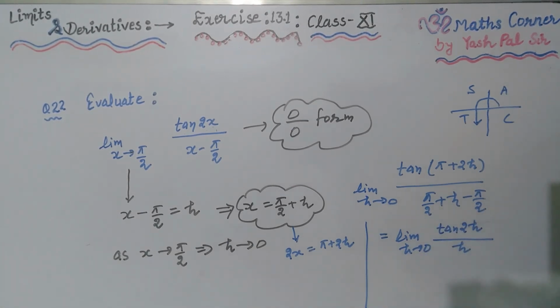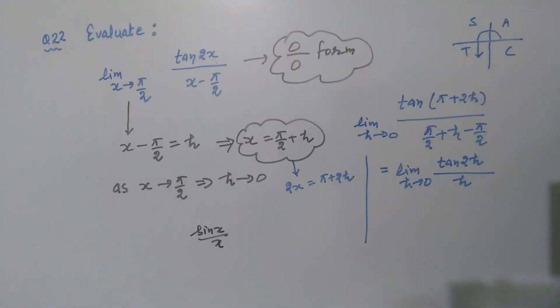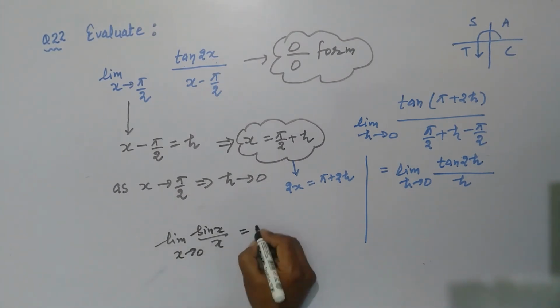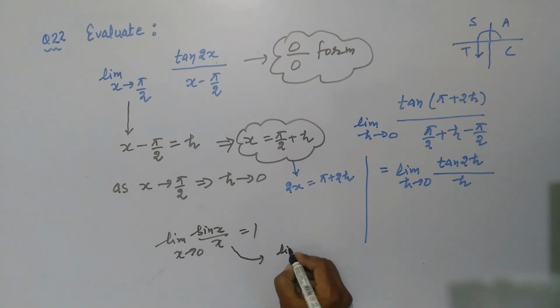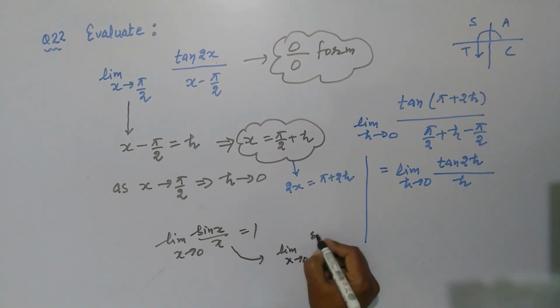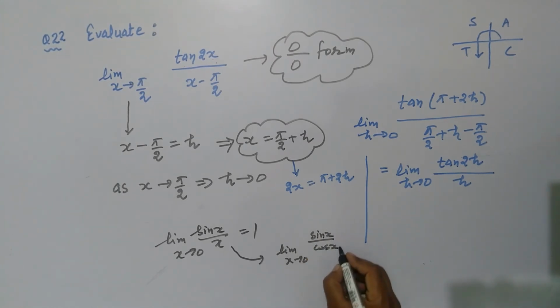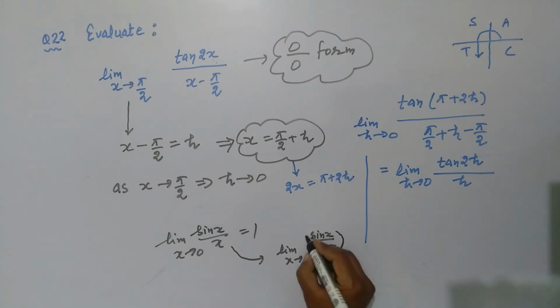So one more result I remember. What is that? Limit x approaches to 0 of sine of x divided by x is equal to 1, right? So from this result, we say limit x approaches to 0, sine of x divided by cos x into cos x divided by x.